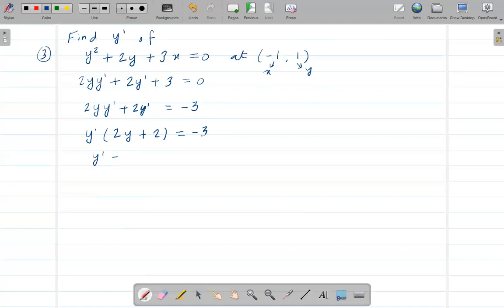So y prime is equal to -3 over 2y plus 2, right?